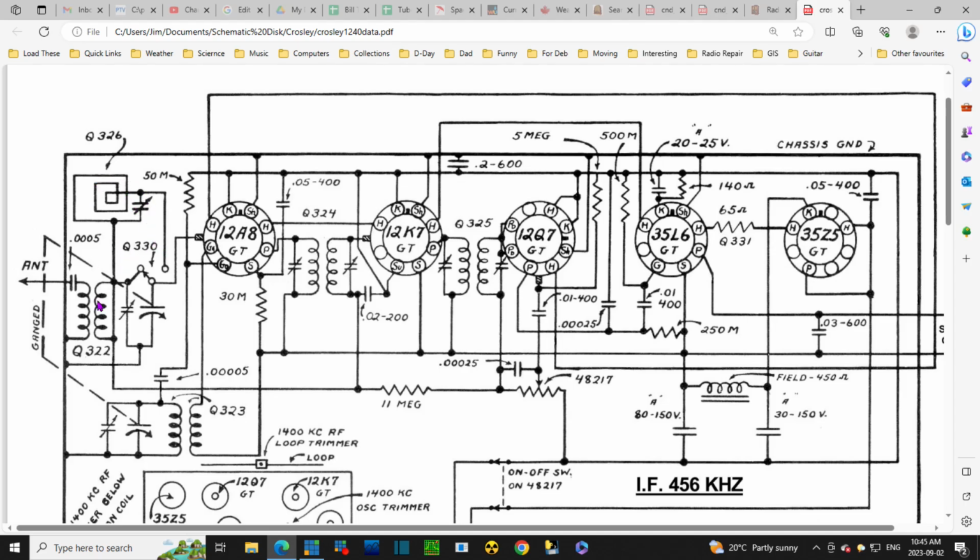And without the ground, the antenna doesn't work well. It can't supply the juice. That's what I would have to conclude. So that's why when we put this in, suddenly the radio starts working again.